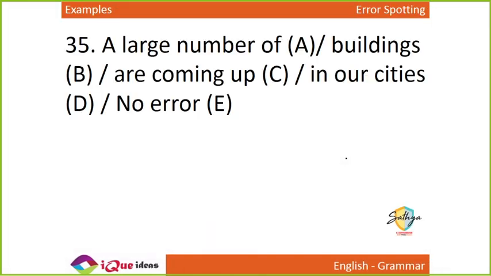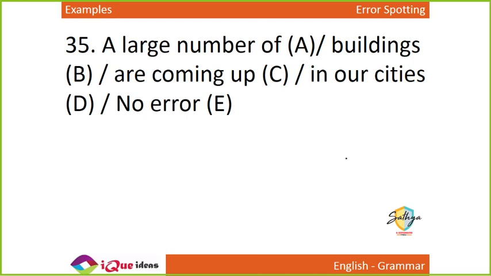A large number of buildings are coming up in our cities. If you think of yourself as only a person of a single city, then you would say cities cannot come.